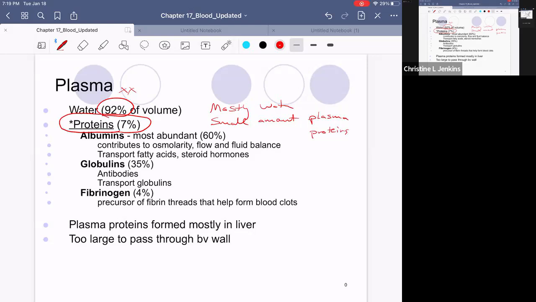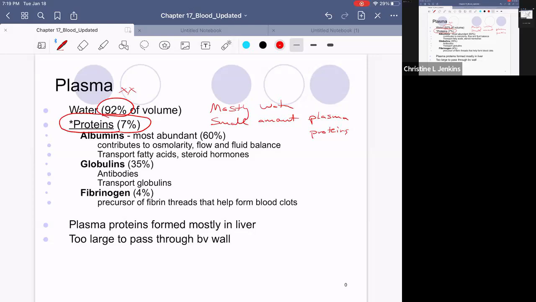These plasma proteins are not big in number, but they're really important. This is the last slide we'll do this evening. They're different from other proteins. So we'll talk about some other proteins that might be in the blood.